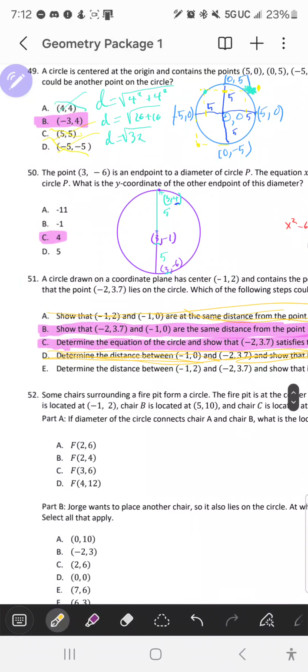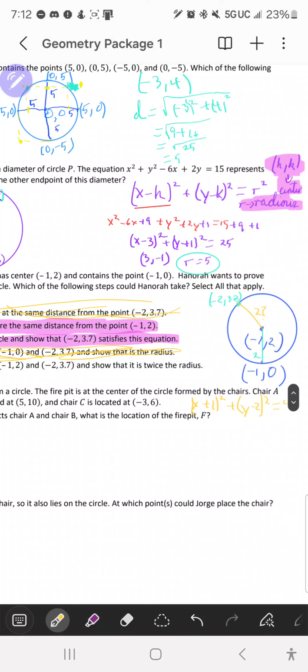Now determine the distance between -1, 2, which is the center, and -2, 3.7, which is right here, and show that it is twice the radius. Okay, we want to prove that it is a circle.